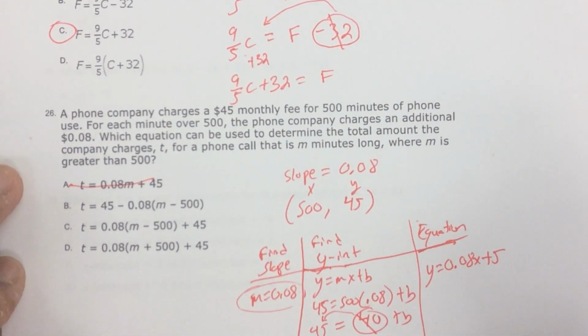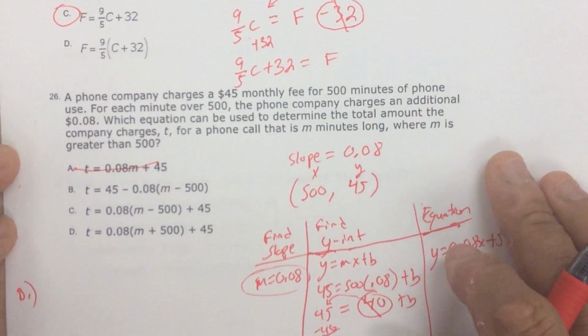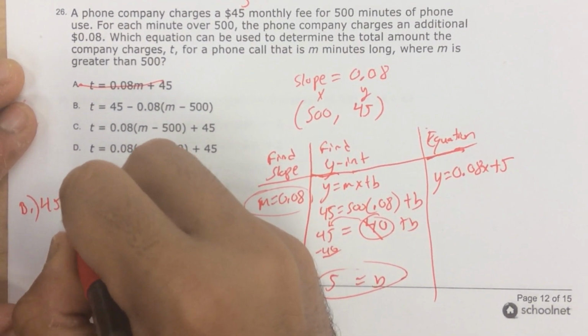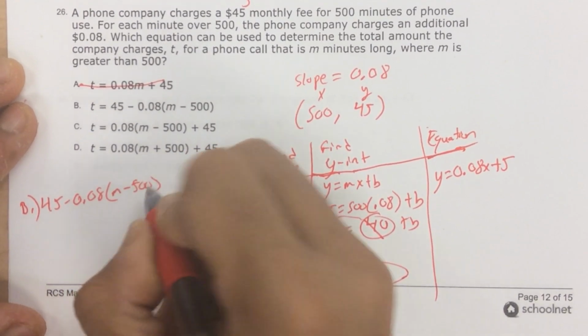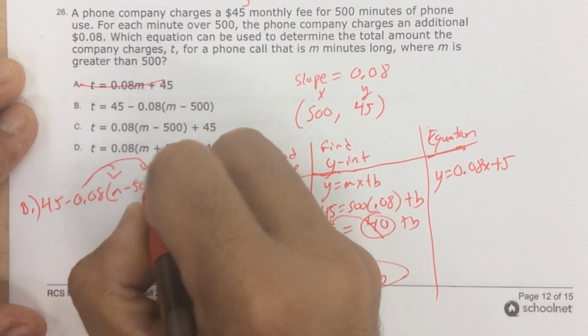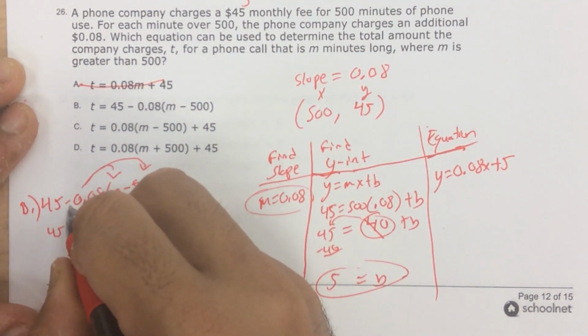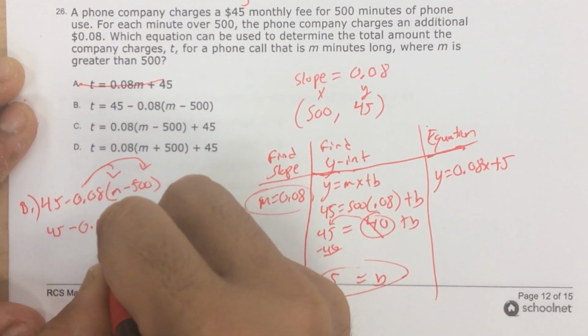the other 3 answer choices have parentheses, so that means I have to work them out. So let's start with answer choice B. 45 minus 0.08 times m minus 500. So I got to get rid of the parentheses. Negative 0.08 times m is negative 0.08m.